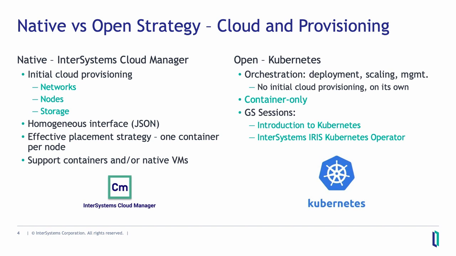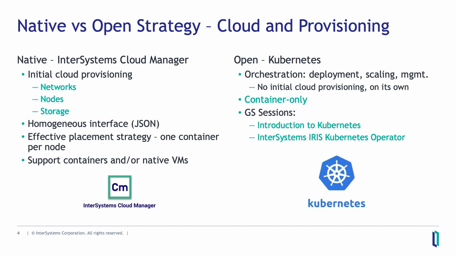The interface to using ICM is very simple, leveraging JSON files for its driven parameters. The provisioning of resources is what we consider effective placement, meaning one container or instance per deployed node, with the assumption that the container node will require all the resources that are provisioned to it. ICM doesn't do a multi-container deployment for a single instance. You could probably fudge it and massage it a little bit to make it do that, but out of the box, it's not. And going back to something I've said many times, containers does not equal cloud, and cloud does not equal containers.